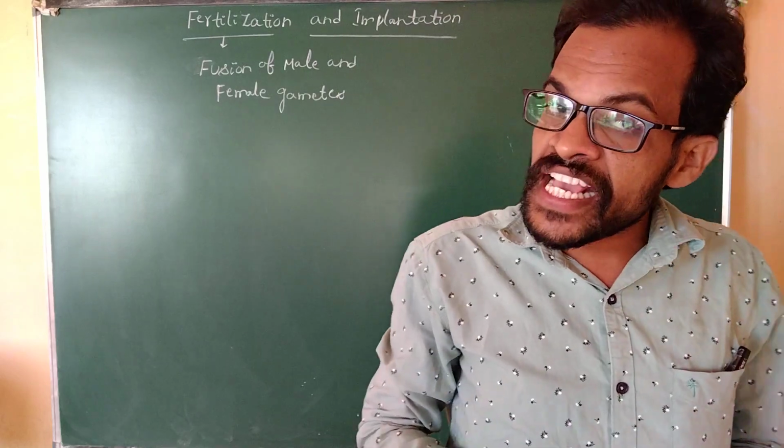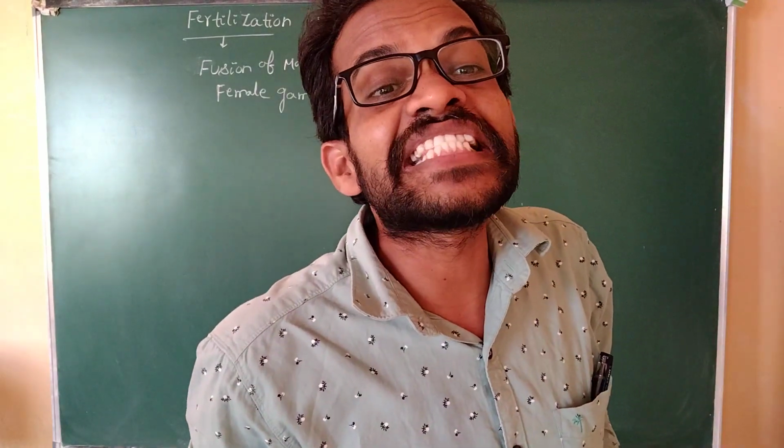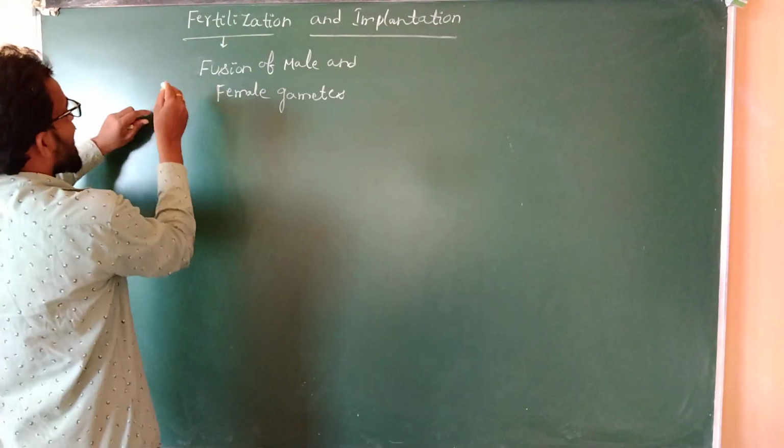Fertilization takes place in the ampullary isthmic junction of the female genital tract.